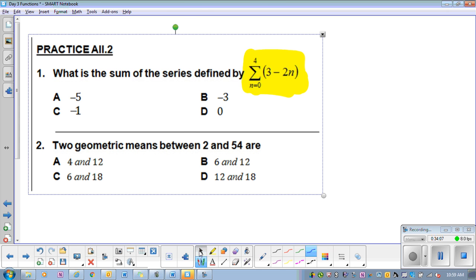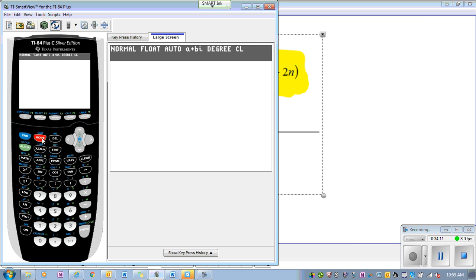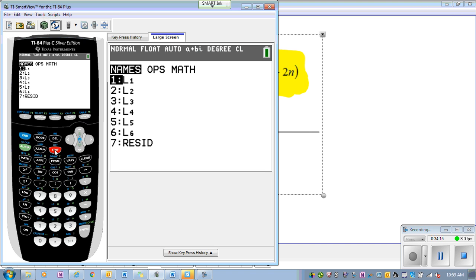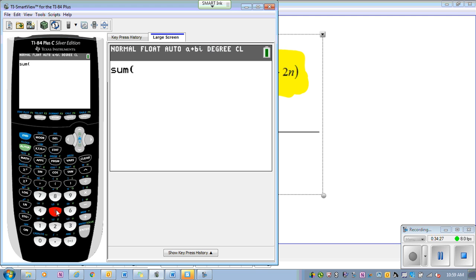Go to your calculator, and you're going to go to second stat. Second stat, and then you're going to tab over to math. And you're going to do sum because it's sigma. All right? So sum.